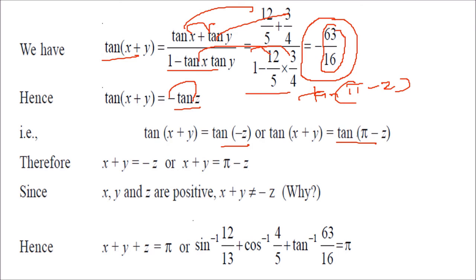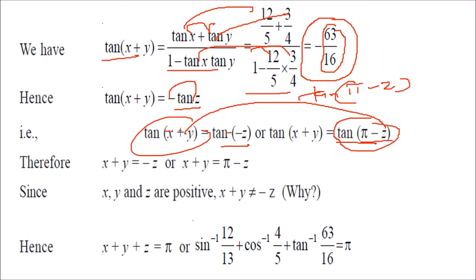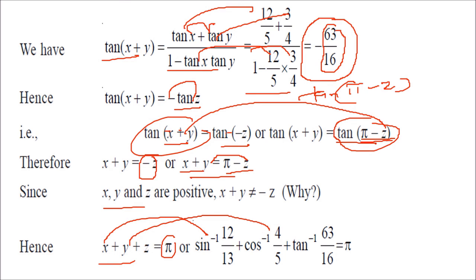So x plus y is equal to pi minus z, because tan of x plus y is equal to tan of pi minus z. Because x, y and z are positive, we will take this value. Then x plus y plus z is pi, where x is sin inverse 12 by 13, y is cos inverse 4 by 5, and z is tan inverse 63 by 16, which is equal to pi.